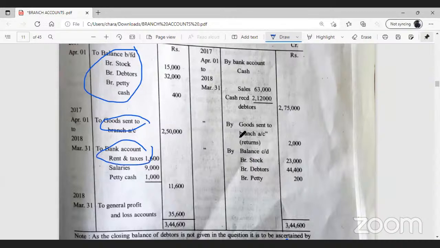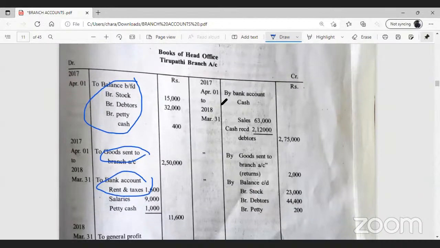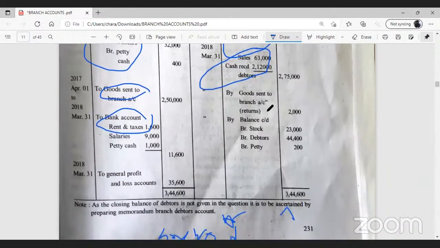On the credit side, cash sales, which are included with credit sales also, that is the amount received from the debtors, total cash plus credit, and then goods returned by the branch, and this is the closing balance.